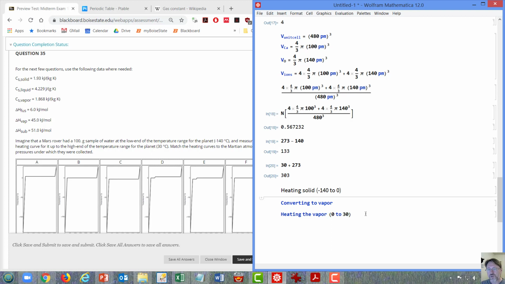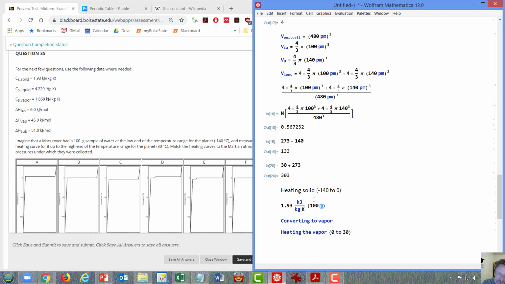Okay. How do you heat something? The heat capacity times the temperature change. So we take the specific heat of the solid, which is 1.93 kilojoules per kilogram Kelvin. We multiply that by how much we have. We are told that we have a 100-gram sample of water, so we are multiplying this by 100 grams.